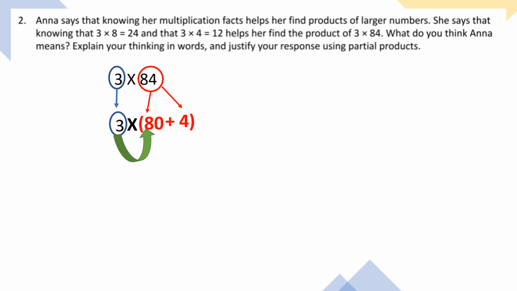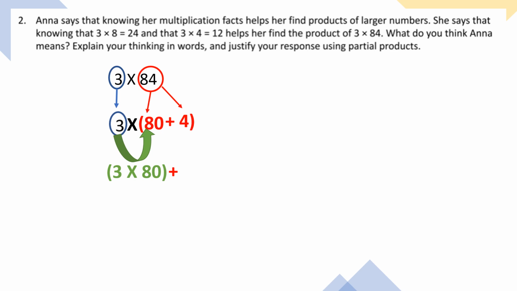All right, so let's go ahead and get that set up. So first, I'm going to multiply 3 times 80. Well, I know that 3 times 8 is 24, just like Anna says in her thinking. So that means that if 3 times 8 is 24, then 3 times 80 would be something that looks a lot like 24.